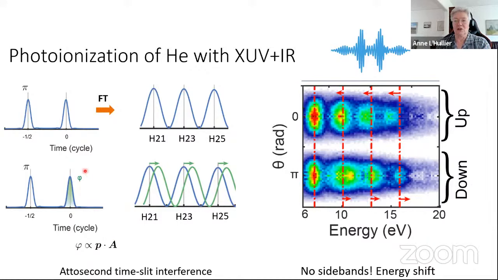Now, in addition, this phase shift depends on the momentum of the electron, so it will be opposite in the 2 directions of emission. In addition, the shift increases as the energy of the photoelectron increases. So we think that we can describe this phenomenon using this time slit interference interpretation.